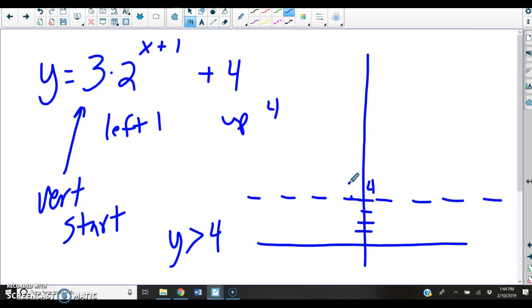Well, excuse me, yeah, -1, 5 because of the plus 4. But that 3 changes it, so it's going to go up even further. So I think my first point on this is going to be -1, 7. And you can check that. And with the base being 2, but the 3 multiplies it, it's going to be steeper. I think it's going to look something like that.